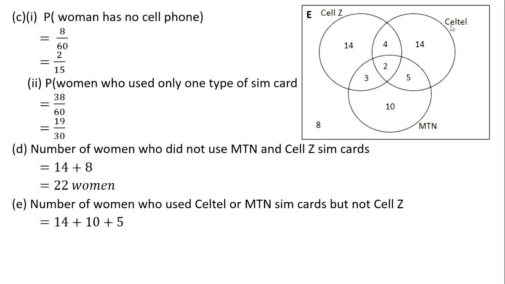The 14 used Celtel only, the 5 used Celtel and MTN, and the 10 used MTN only. So there were 29 women who used Celtel or MTN. So this is the Cell Z complement: those who did not use Cell Z, but used Celtel or MTN.